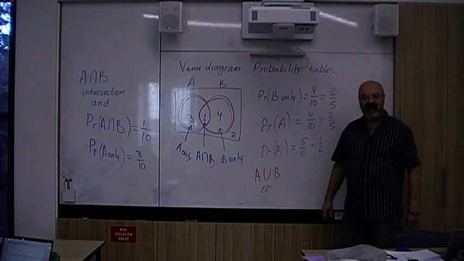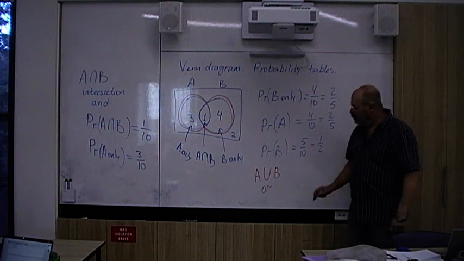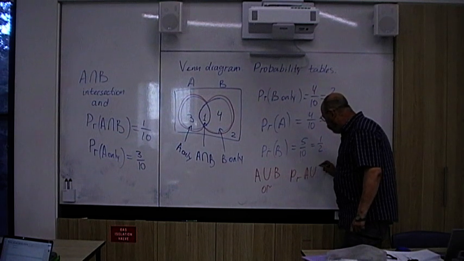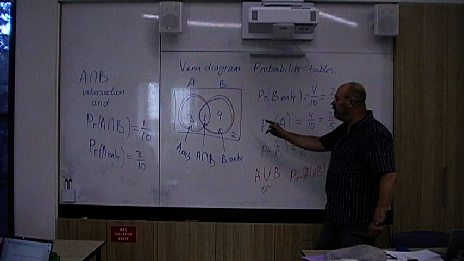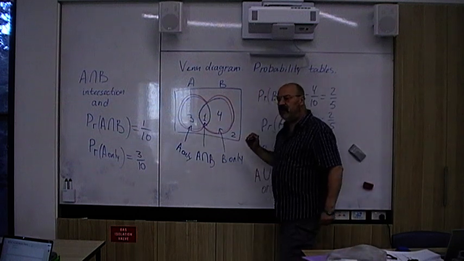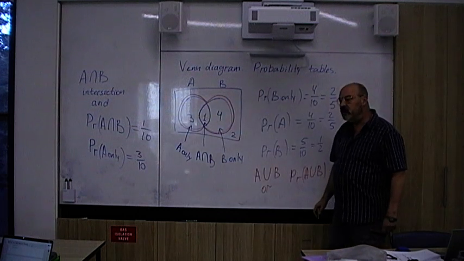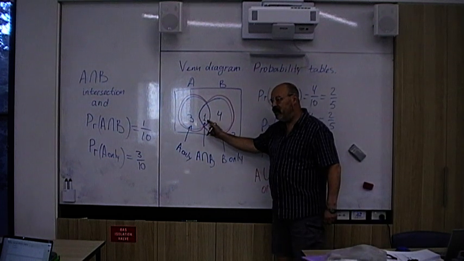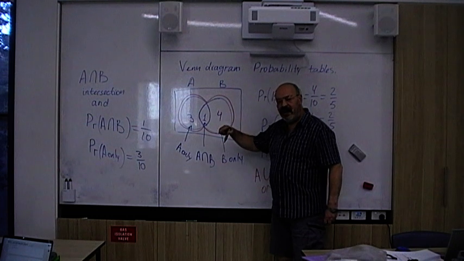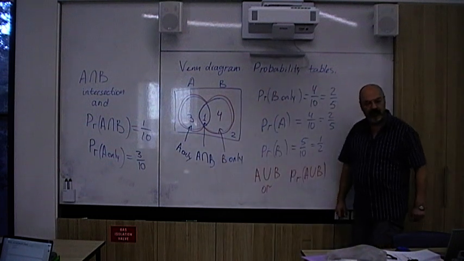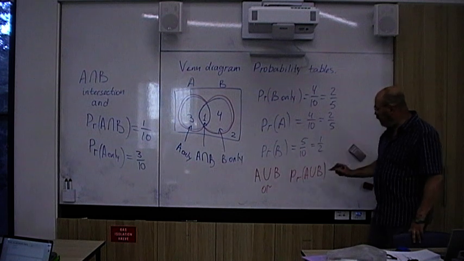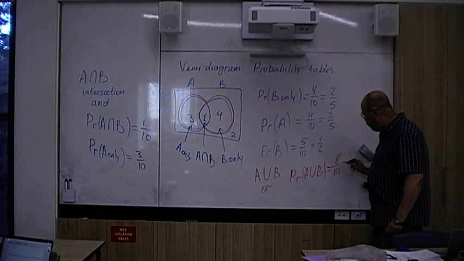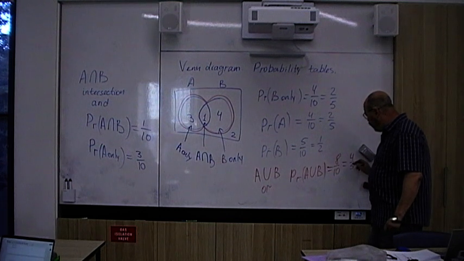A or B, A union B. So what will be the probability of A union B? How many numbers do we have in A or B? We have 3 plus 4 plus 1, which are in A or B or both. So we have 8 out of 10, which is 4/5. Make sense?